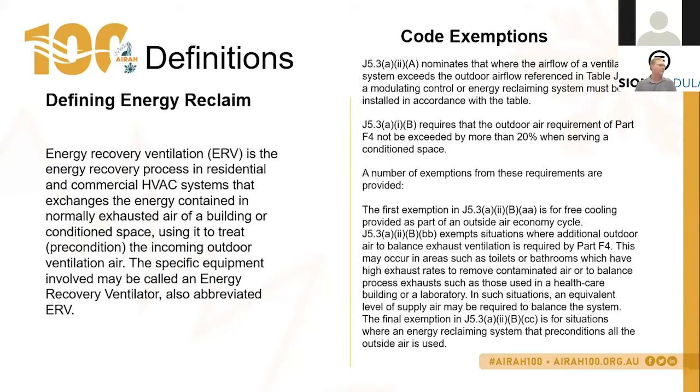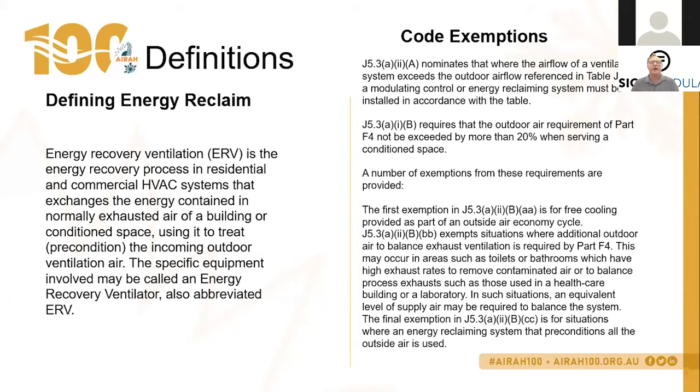What you can do is, you do not need to use these systems in cases where you've got an outdoor air economy cycle. There is an exemption around heat recovery.